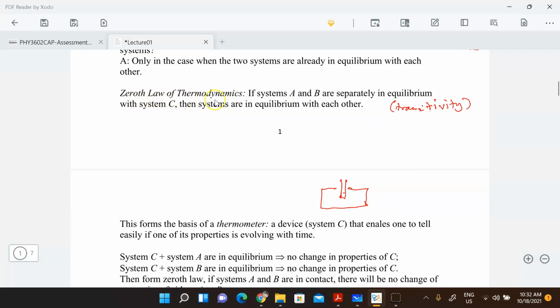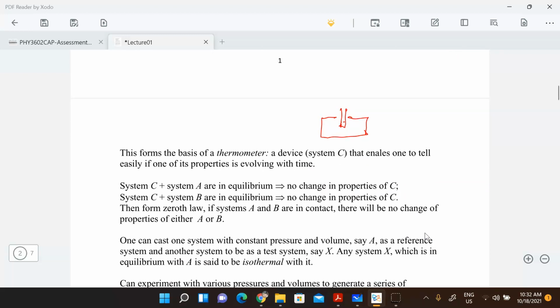If it is in equilibrium with A and also in equilibrium with B, that implies A and B will have the same temperature, so to speak. I will not go into too much description because I've done that before. You can read the notes.